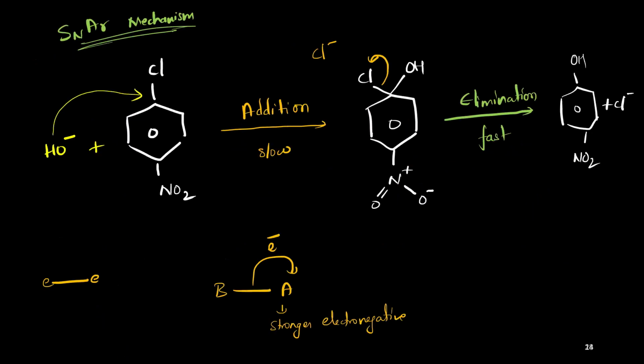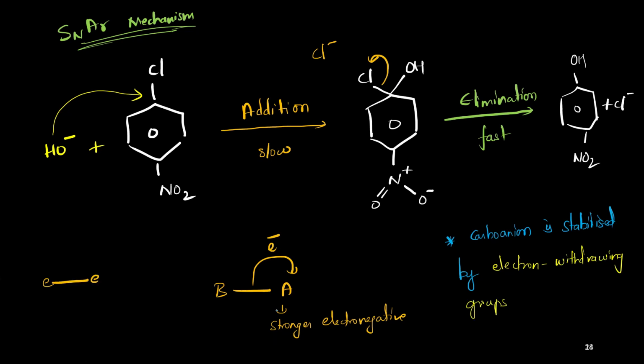So just remember this one thing. The carbanion is stabilized by an electron withdrawing group in the ortho and para position to the halogen.